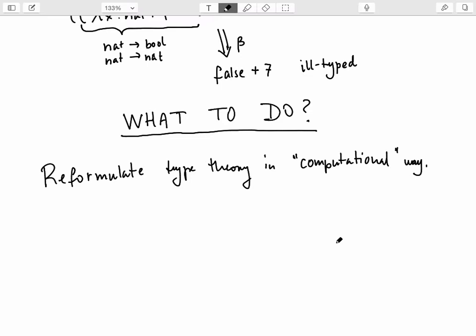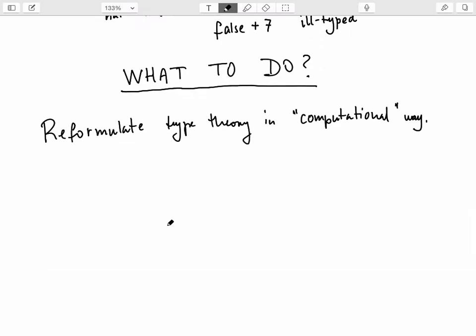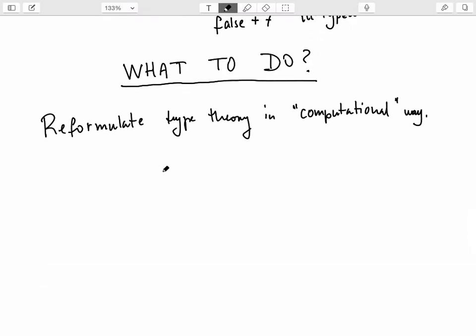Various things have been invented as ways of doing this. Just to give you a feeling for what this means, let me describe one of them. Okay, so if you have a bidirectional type theory with type-directed equality, you need to do things like this.